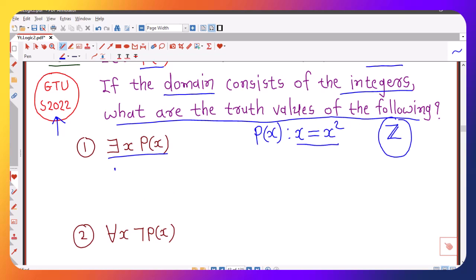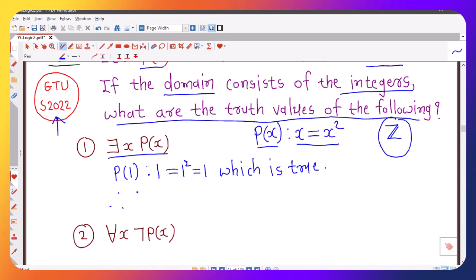So obviously if I take x equal to 1, then I will obtain 1 equal to 1 square, and we know that 1 square is 1. So this statement is true for x equal to 1, or we can say that p of 1 is true. And whenever we have existential quantification, we require at least one x such that the given statement function is true.